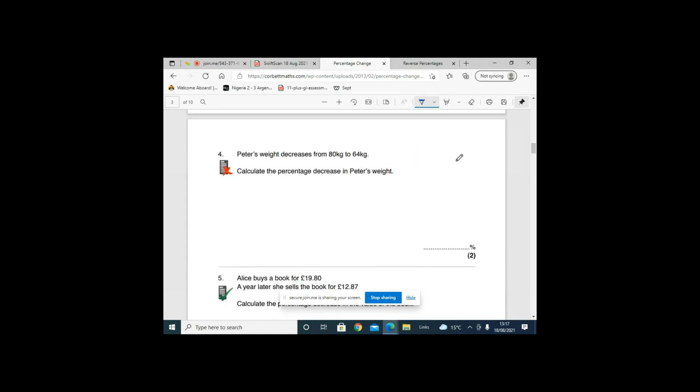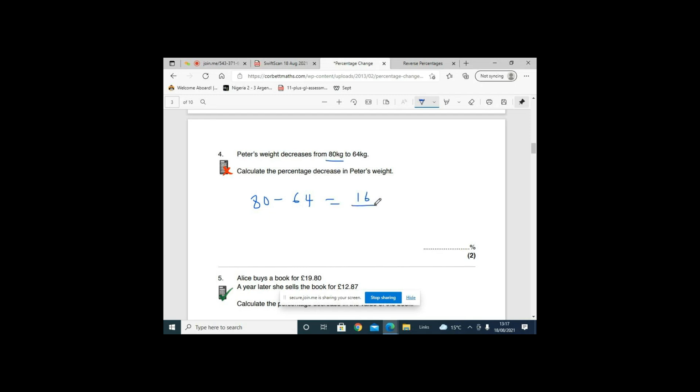Yes, this one: Peter's weight decreases from 80 to 64. Calculate the percentage decrease of Peter's weight. It's going to be 80 minus 64, which is 16. The original amount before the decrease was 80 kg.